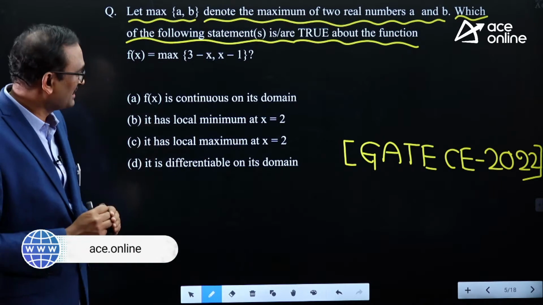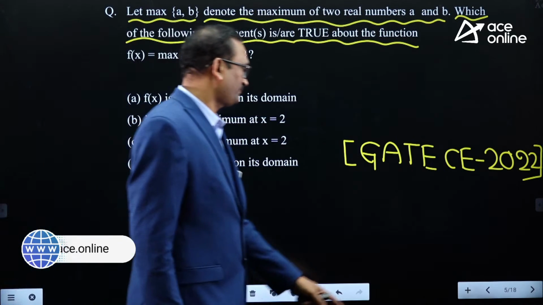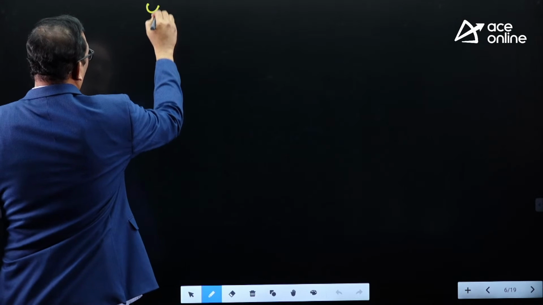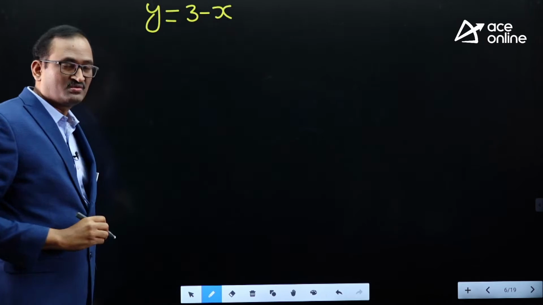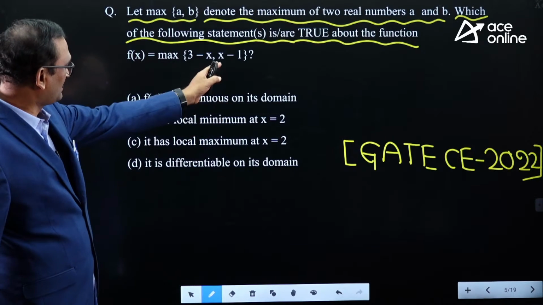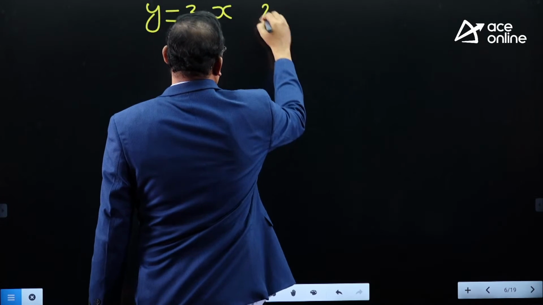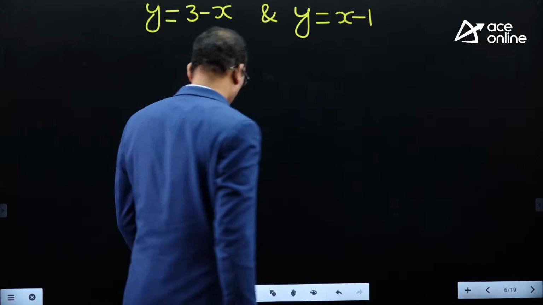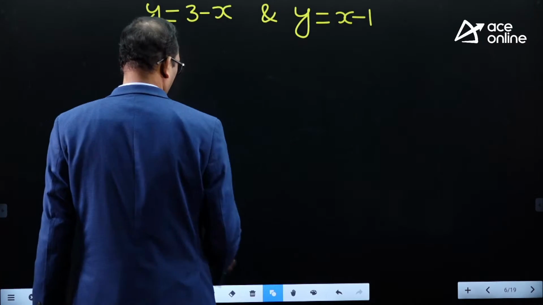First let us draw the diagram, after that we will check out the options. Roughly y equal to 3 minus x, and another curve is y equal to x minus 1. Draw the diagram and please be careful.